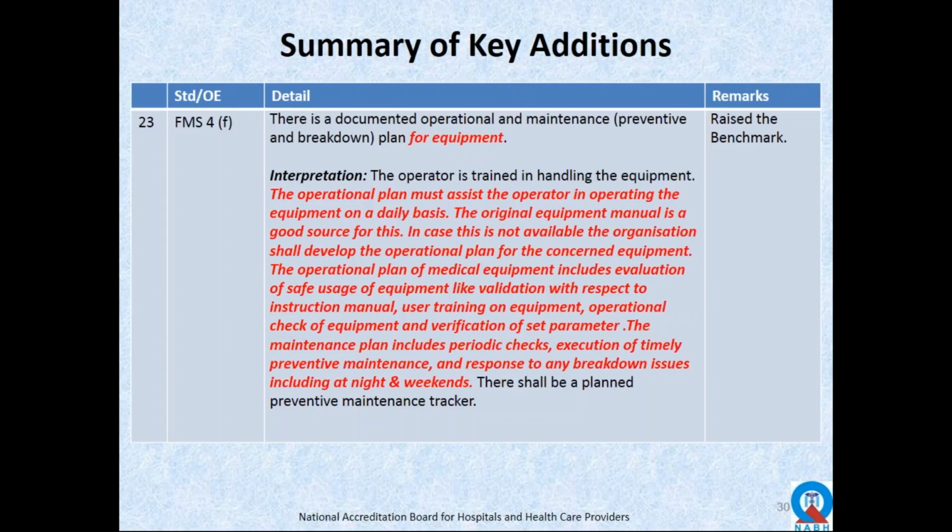And here we require that the operational plan includes evaluation of safe usage of equipment, a sort of audit or monitoring whether equipment is being used safely or not, and that the maintenance plan includes periodical checking, inspections, timely preventive maintenance, and any breakdown maintenance, also responses which should be timely.